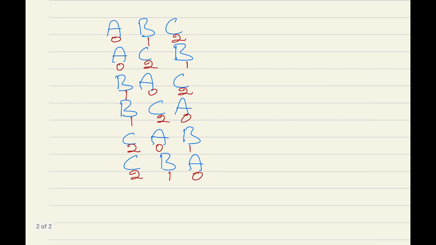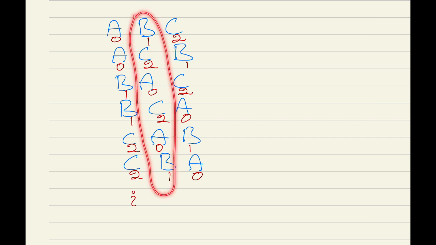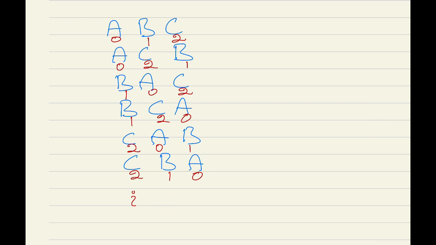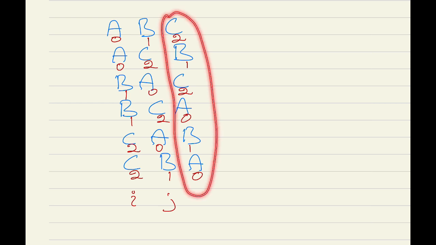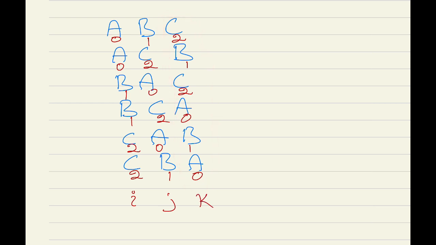So here, printing different permutations of the characters is the same as printing the elements that are present in the array. For this index 0, 1, 2, we can take a variable i, and for this index 0, 1, 2, we can take another variable j, and for this index we can take another variable k.